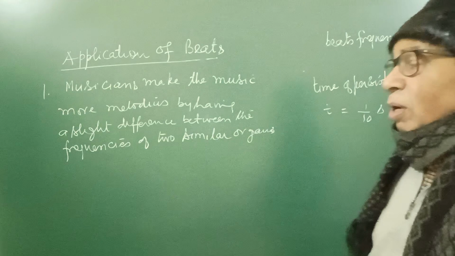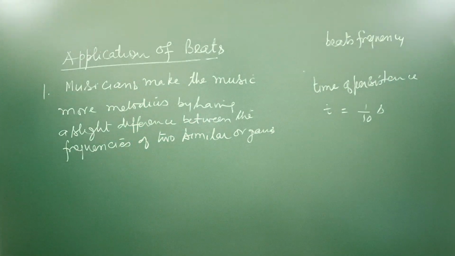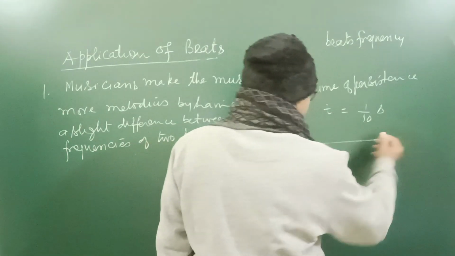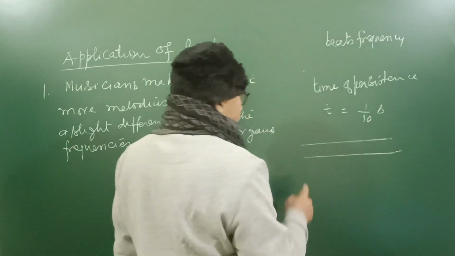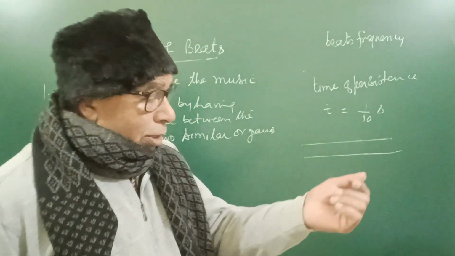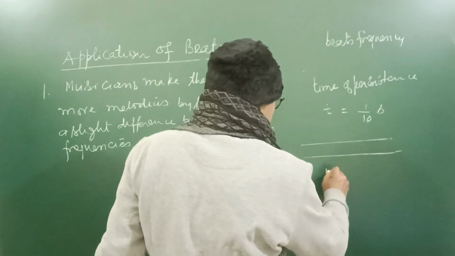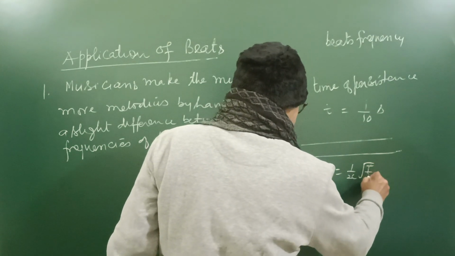Remember, sound is produced by vibration, and every vibration has its own characteristic frequency. For example, if we have two stretched wires of the same length, we can have a slight difference in length. I will tell you the frequency formula for a stretched wire: n equals 1 by 2l under root T by mu.